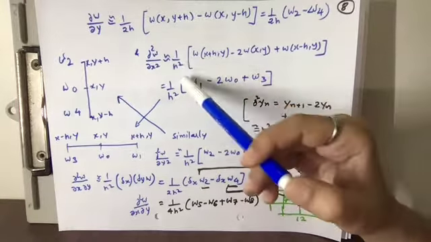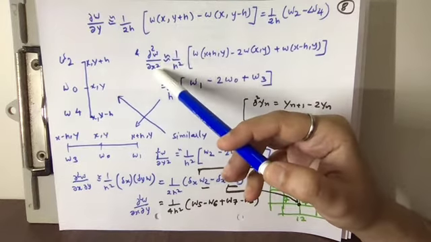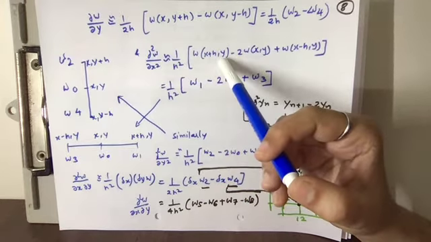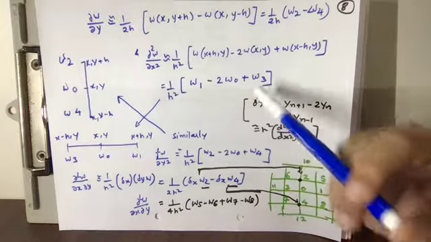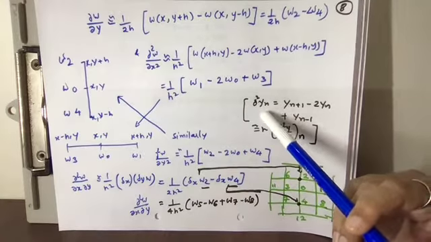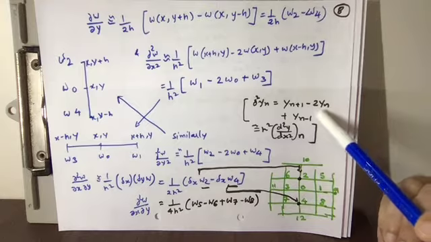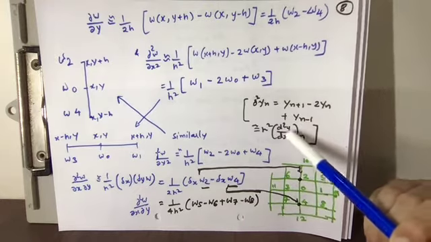Now we go further. Del square w by del x square. So we use a formula which we had earlier defined: yn plus 1 minus 2yn plus yn minus 1.